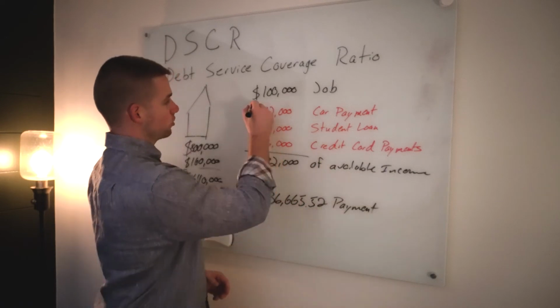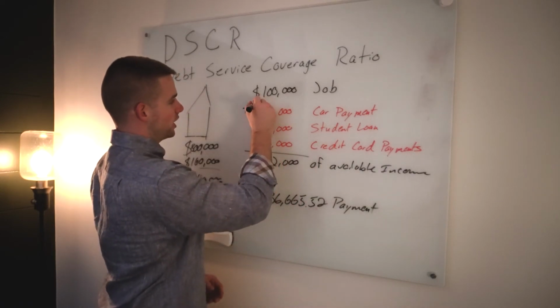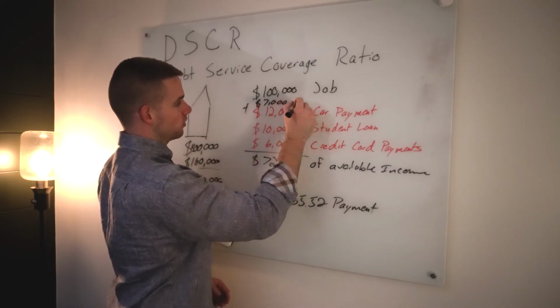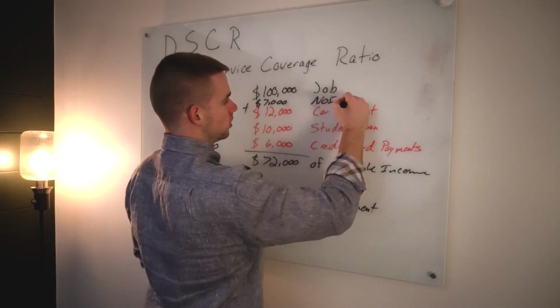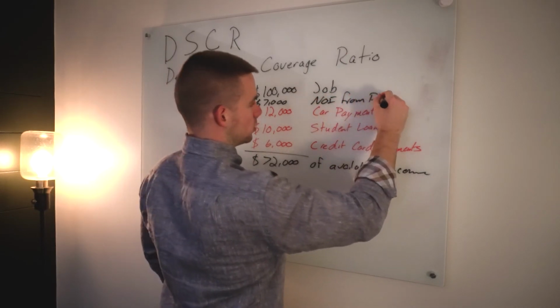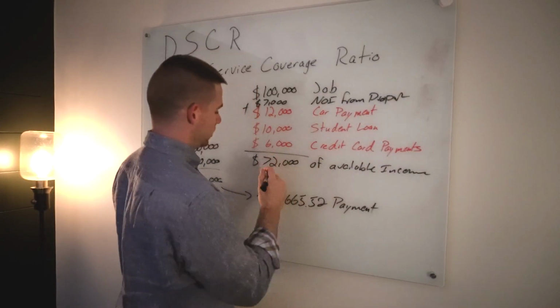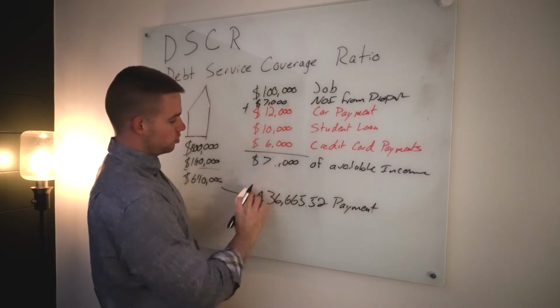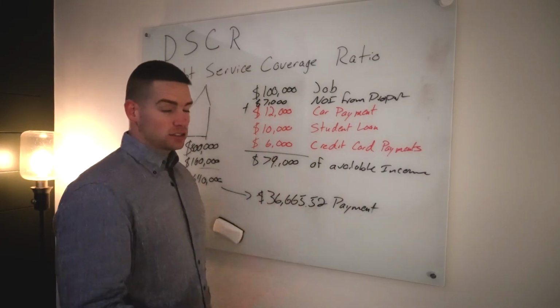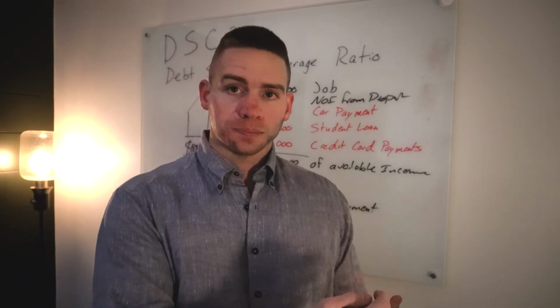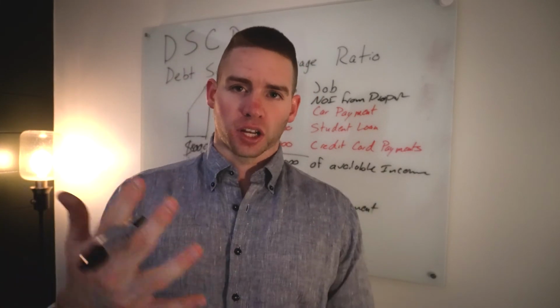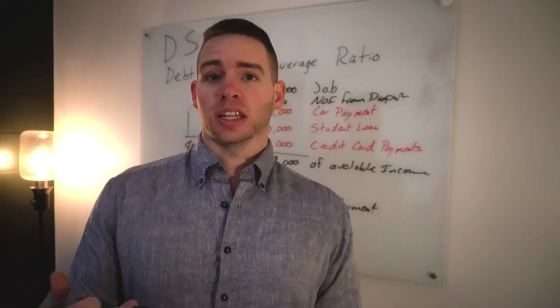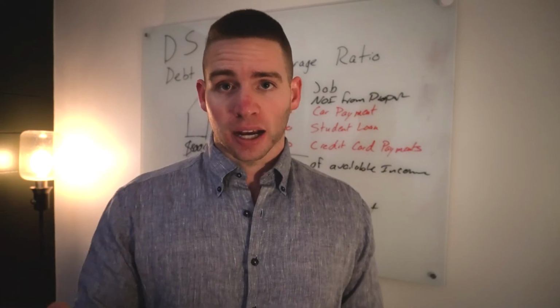We'd want to make sure that we could come back in here and add that $7,000 of NOI from our property back into this number, right? So we take this from 72,000 to 79,000, and that would help our ratios out. So you always want to make sure a lender's never cutting you at the knees and not using the income that you're going to gain by buying that investment property.